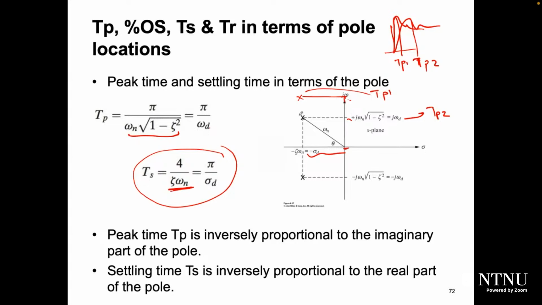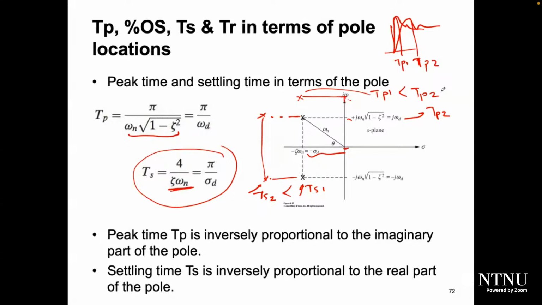So if we move the poles to another location, for example here, then if we have a settling time Ts1 for this one, we will get Ts2 here. In fact, Ts2 is less than Ts1, right? Here also Tp1 will be less than Tp2, correct?